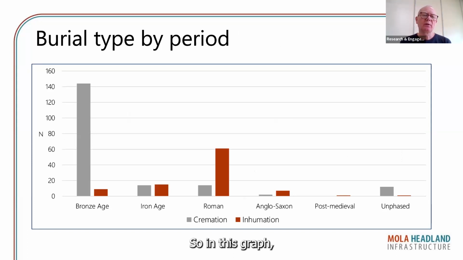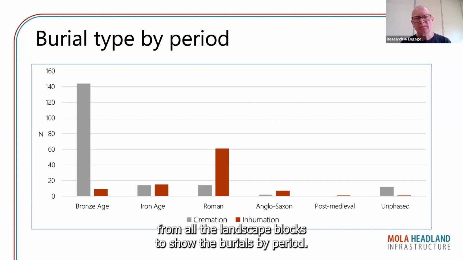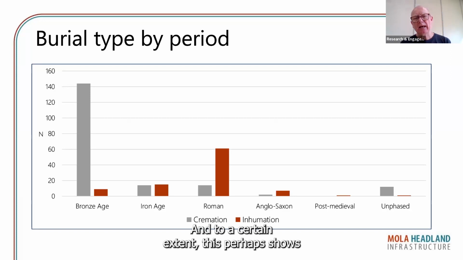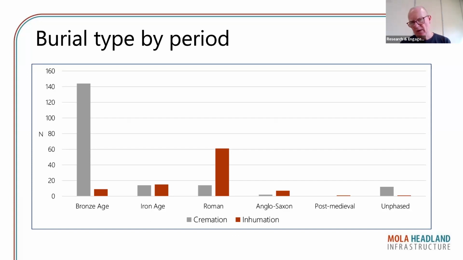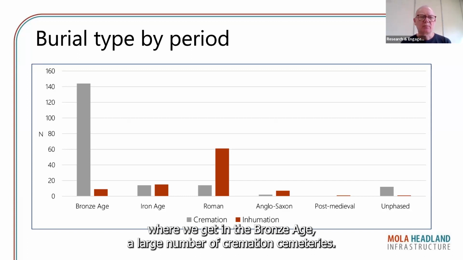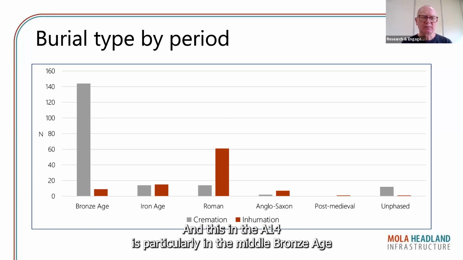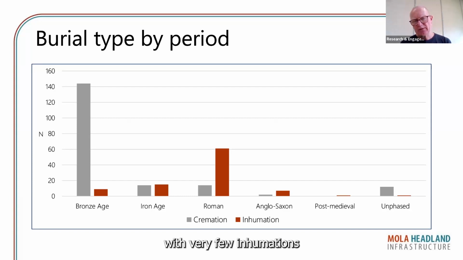So in this graph, what I've done is I combined all the evidence from all the landscape blocks to show the burials by period. And to a certain extent, this perhaps shows the type of activity we see in many areas of the British Isles, where we get in the Bronze Age a large number of cremation cemeteries, and this in the A14 is particularly in the Middle Bronze Age, with very few inhumations, just isolated interments.